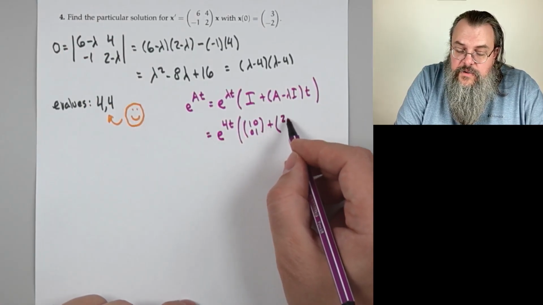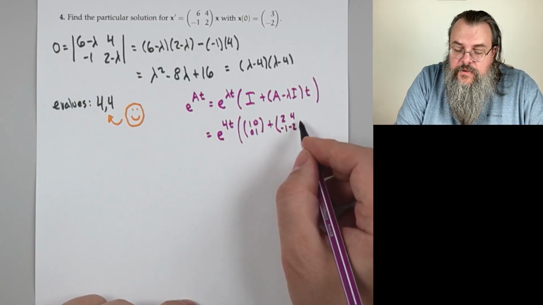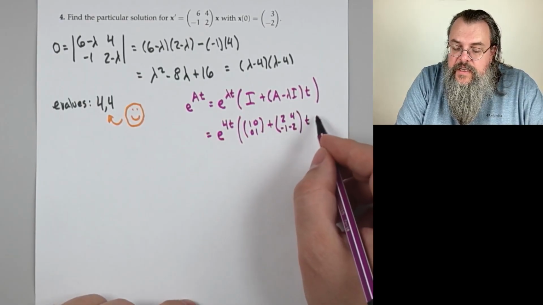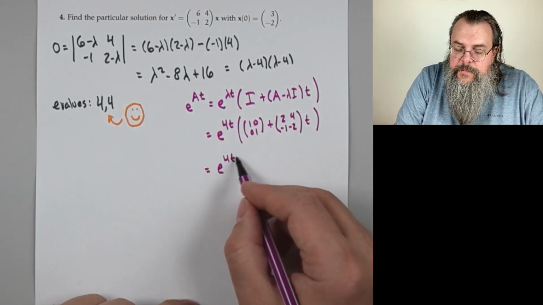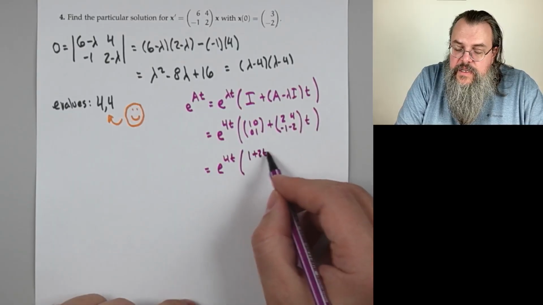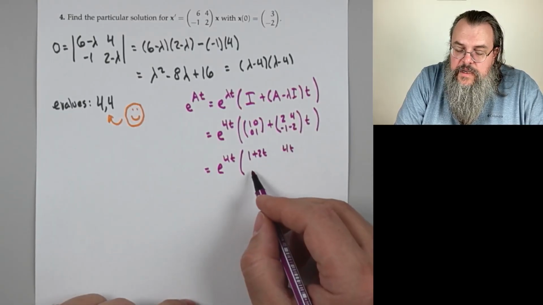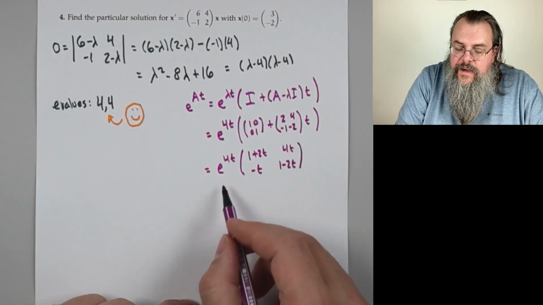So that would be [2, 4; -1, -2] times t. Or if you write this out combined together, let's say it that way: [1 plus 2t, 4t; minus t, 1 minus 2t]. All right, good.